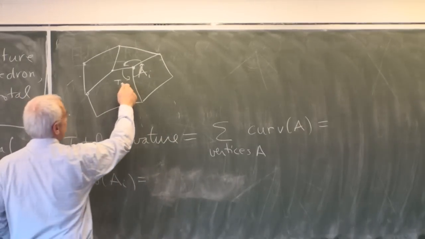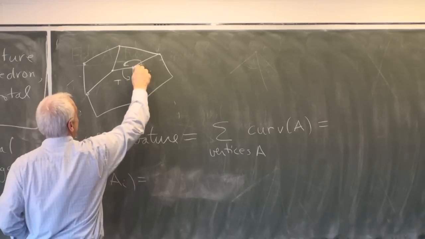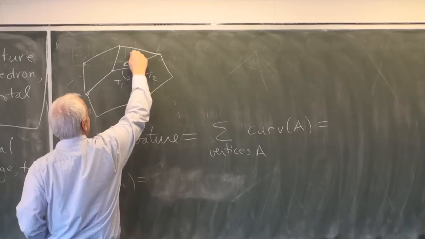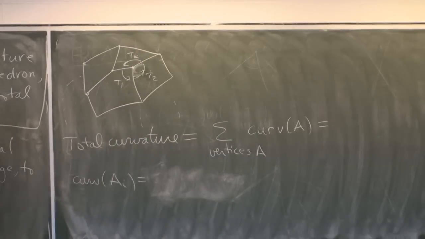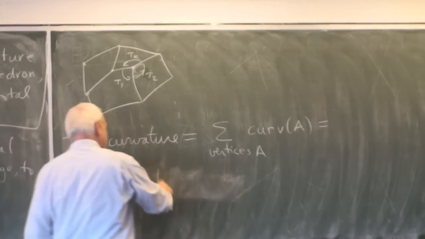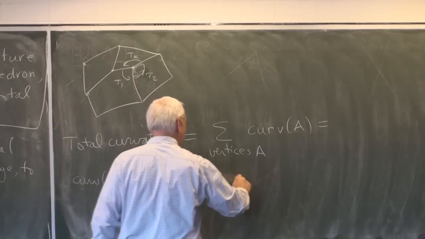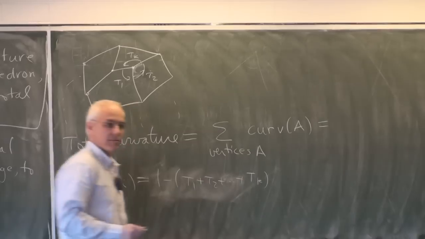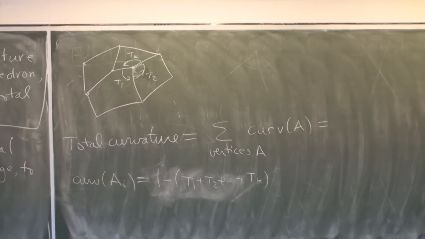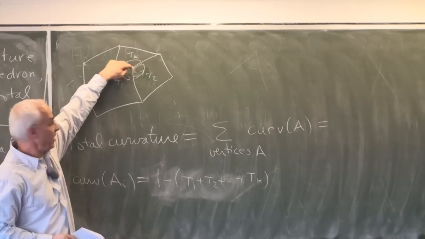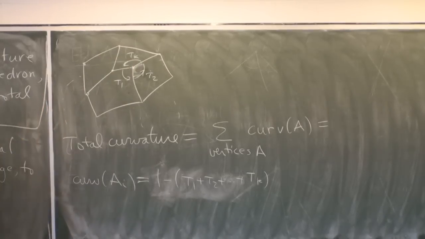Let's suppose that the turn angles at our vertex Ai are tau 1, tau 2, up to say tau k. So our formula for the curvature at Ai is 1 minus the sum of tau 1 plus tau 2 all the way up to tau k. That's our formula for the curvature at Ai in terms of the turn angles, or the faces that meet at the vertex Ai.